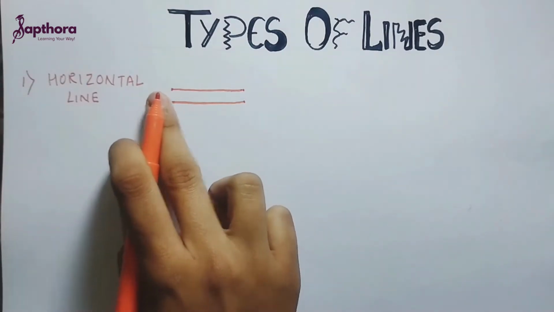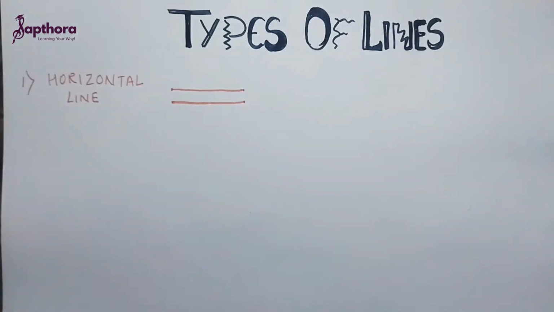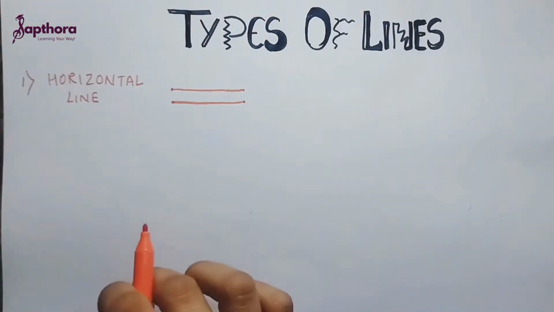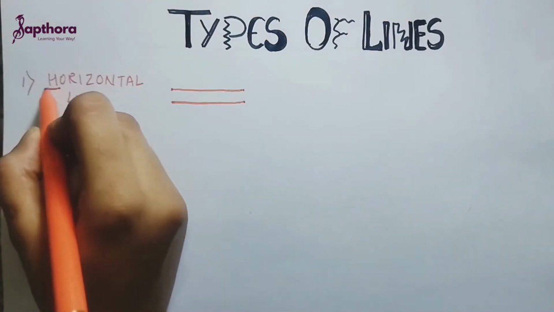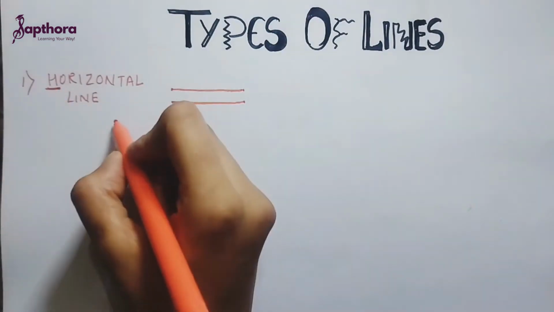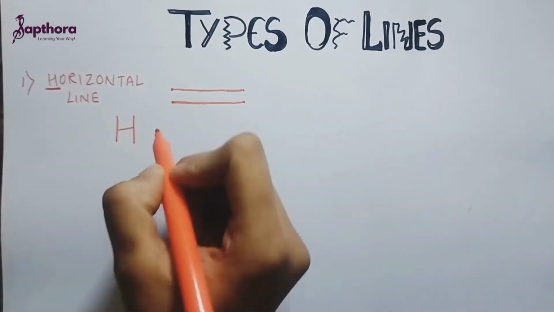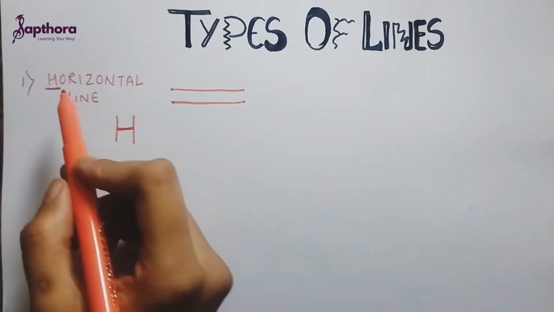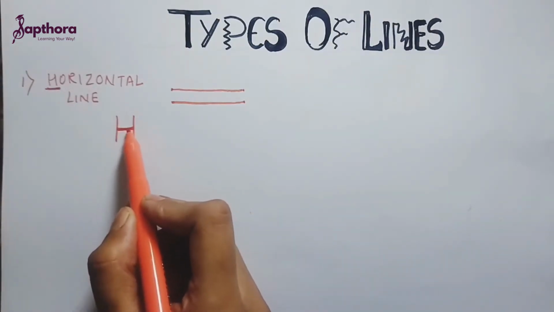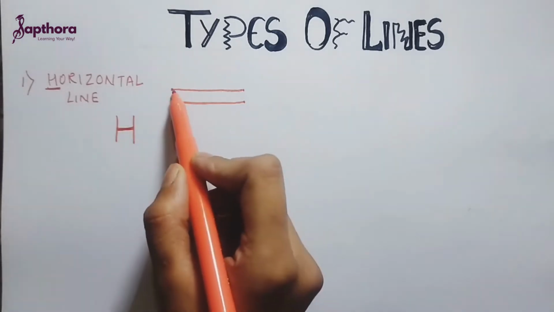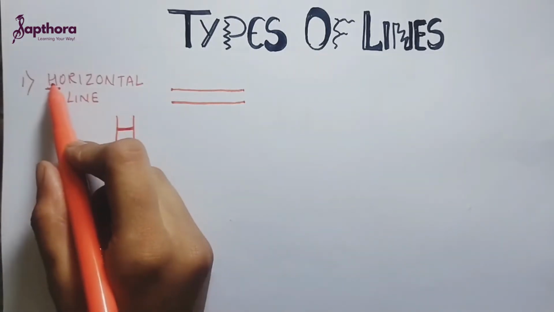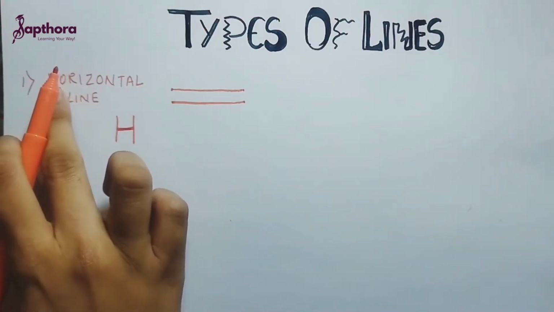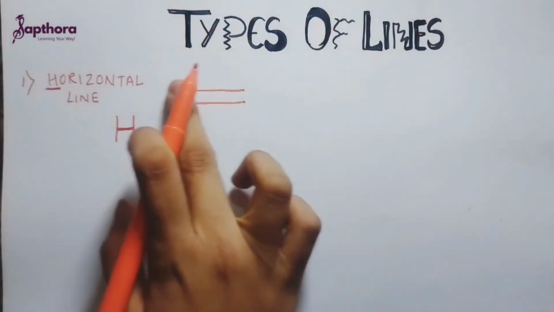Now, how to remember that these are horizontal lines? If you see the very first letter of the word horizontal, that is H, you will see a horizontal line in the middle. So, H for horizontal, and in H we see a straight horizontal line.